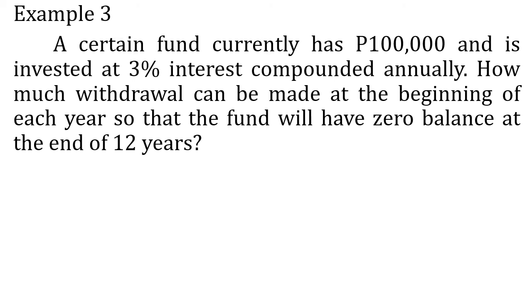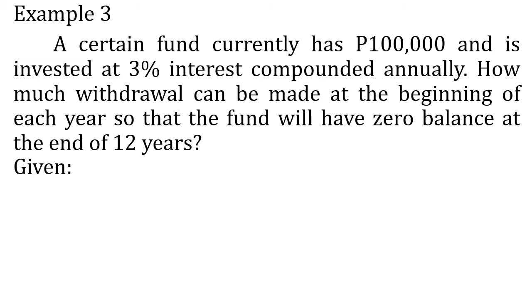Example 3. A certain fund currently has 100,000 and is invested at 3% interest compounded annually. How much withdrawal can be made at the beginning of each year so that the fund will have zero balance at the end of 12 years? Here we will be solving for R, not for P, because the fund currently has 100,000.